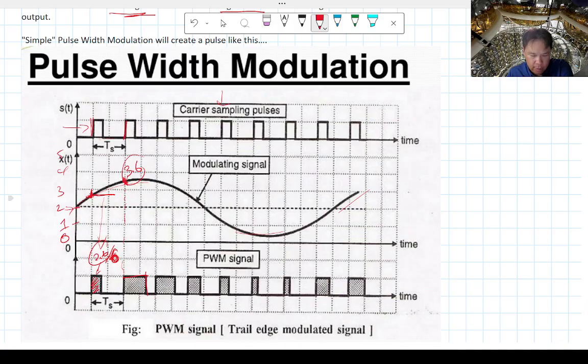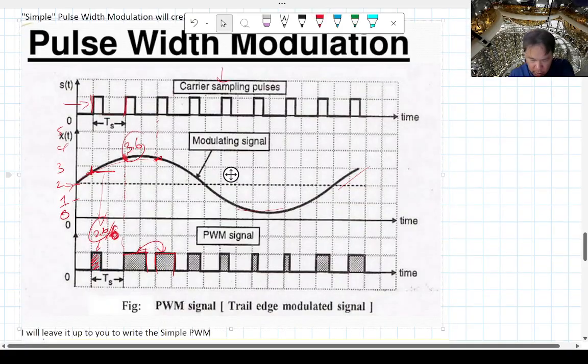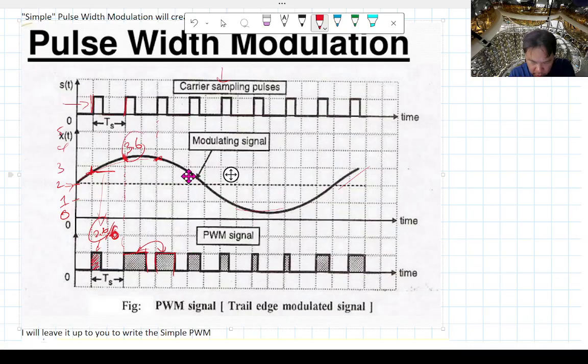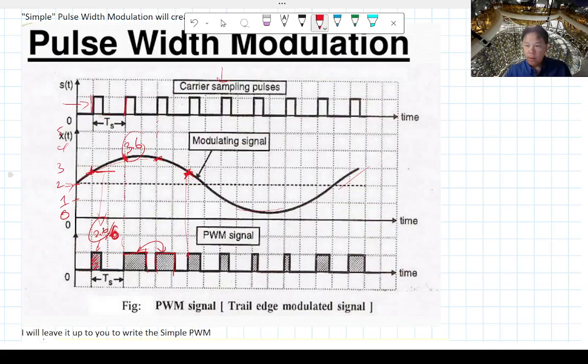The next sampling is around 3.6 again, so these should be pretty comparable to each other. The pulse width modulation signal should be about the same. When the wave gets smaller, the next sampling point over here, once again, we're about 2.6 again.